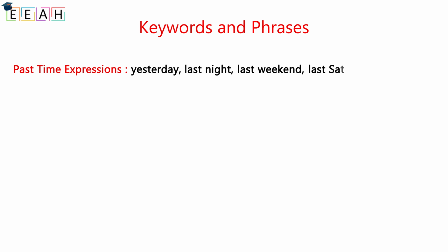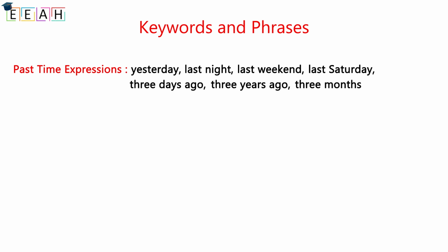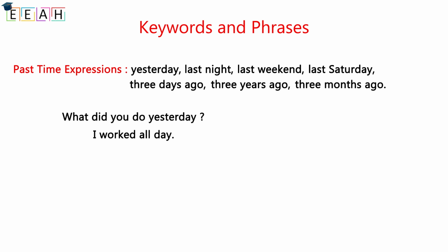Let's have a look at today's keywords and phrases. Past time expressions. Yesterday, last night, last weekend, last Saturday, 3 days ago, 3 years ago, 3 months ago. What did you do yesterday? I worked all day. What did you do yesterday?